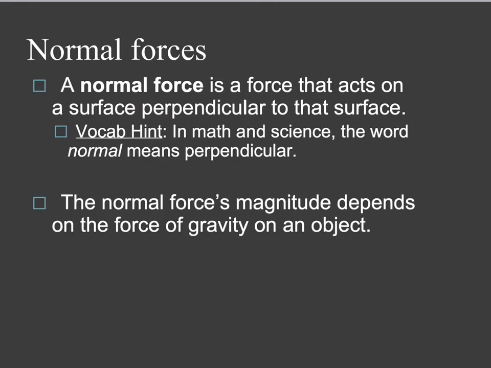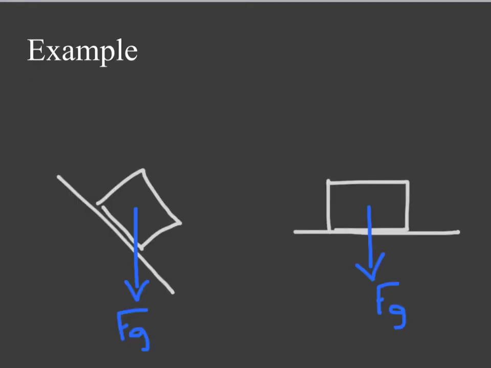So we're going to look at how the normal force's magnitude depends on the force of gravity on an object. So an example here. I have two objects. One is sitting on this sloped surface, and one is just sitting on a flat surface.